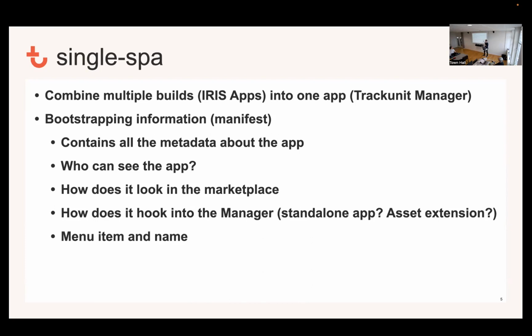Next, we want to combine all the stuff again, and that's where we're using single-spa. Really, to use single-spa, what we need is all the bootstrapping information. We need to know that we need a menu point. It should be named this. When you click it, here's the path to where you can actually load the data. And we also need to keep track of who can actually see that data.